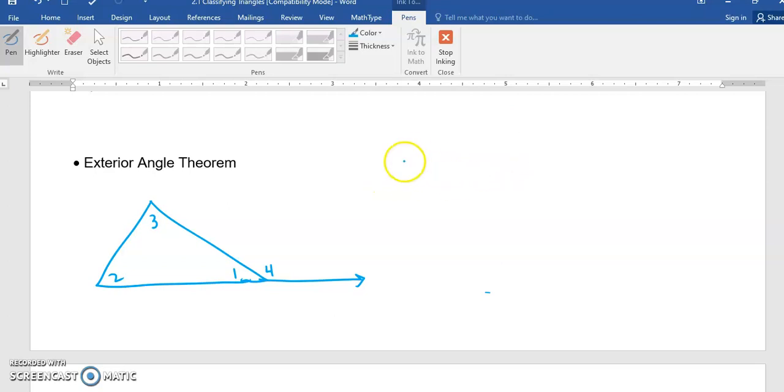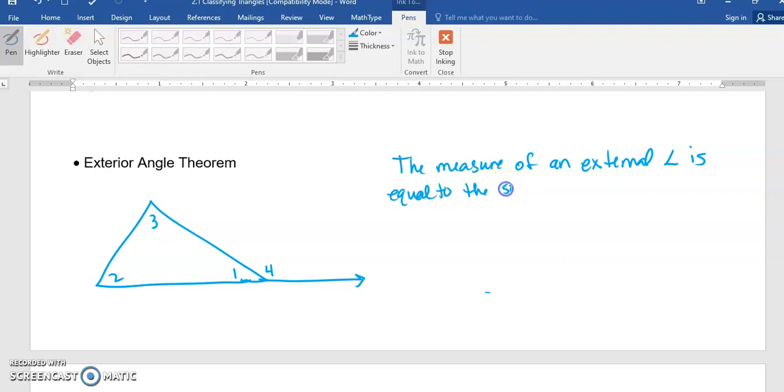Let me just write this out. The measure of an external angle, I'm going to abbreviate, external angle is equal to the sum of the measures of the two remote interior angles.